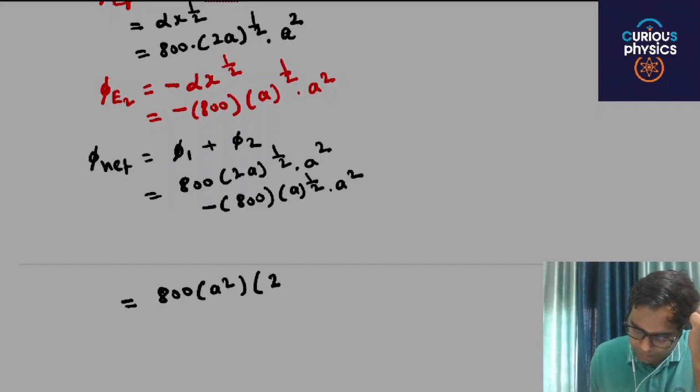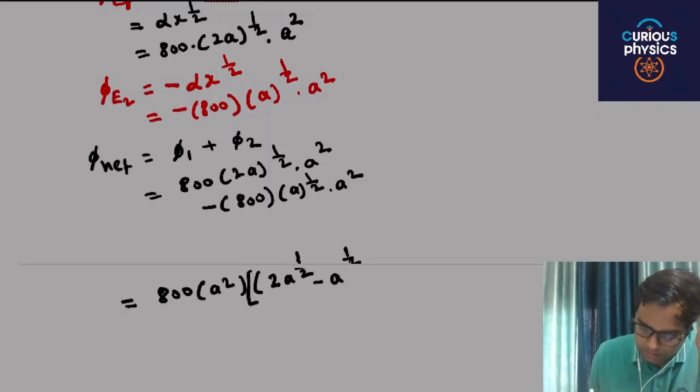2A raised to power 1 by 2 minus A raised to power 1 by 2.